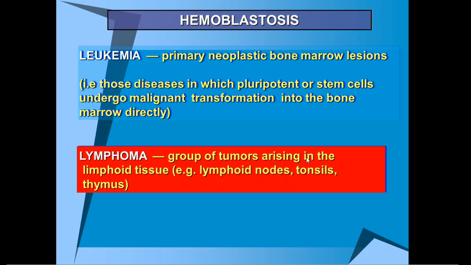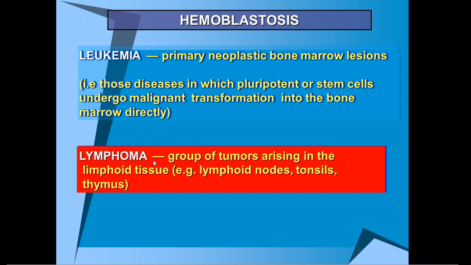And how can we prove this point of view? We need to take a biopsy from bone marrow, and here we see a lot of tumor cells, and also we should check the blood, and in the blood we also find a lot of tumor cells. So this is leukemia.